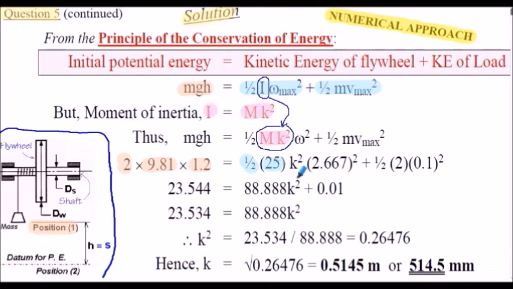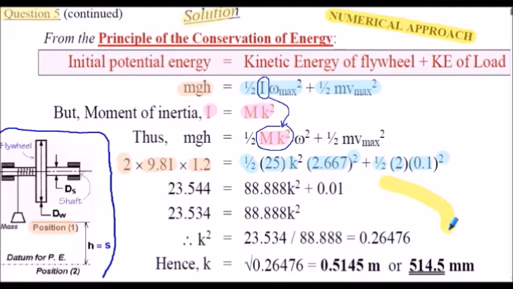We're trying to find k, that's the unknown, and the omega from the previous slide was 2 2/3 radians per second. Of course we're squaring that value, and we add to that half multiplied by the mass of the hanger, 2 kilograms, multiplied by the maximum linear velocity of the mass on a hanger, which was 0.1 meters per second. Of course that's squared again.